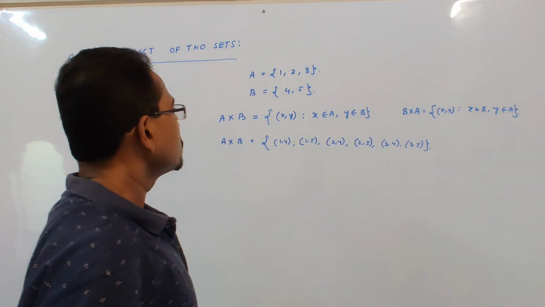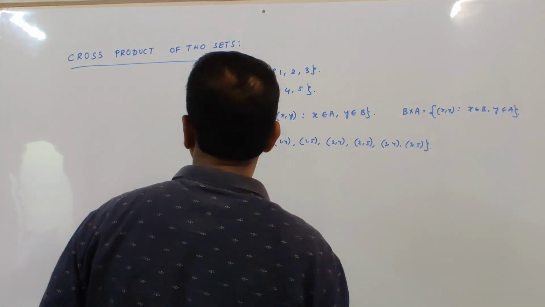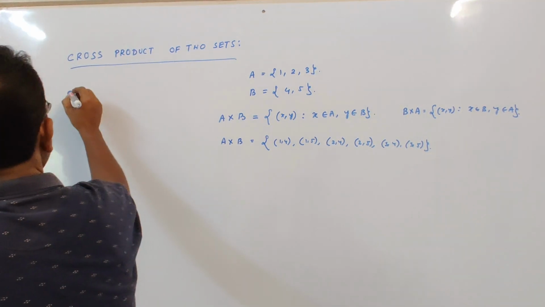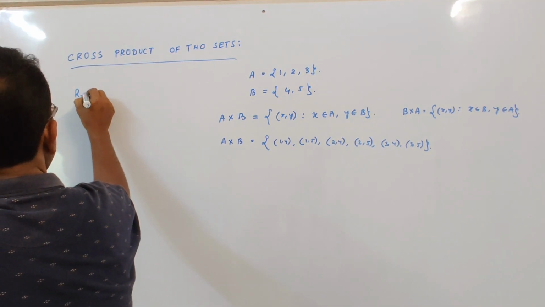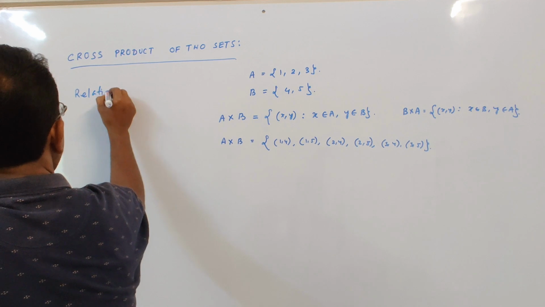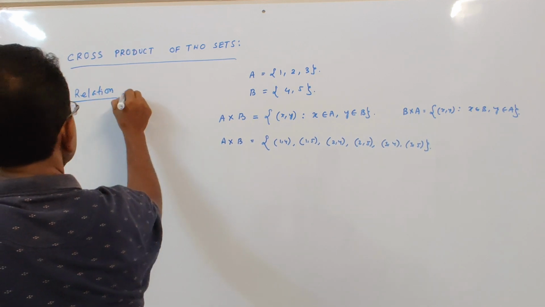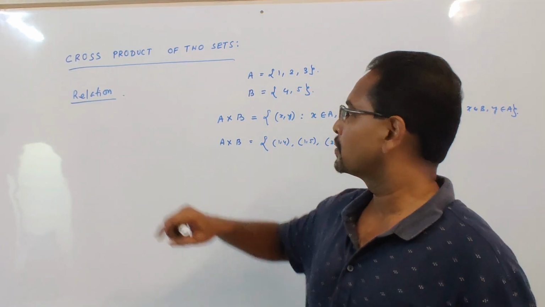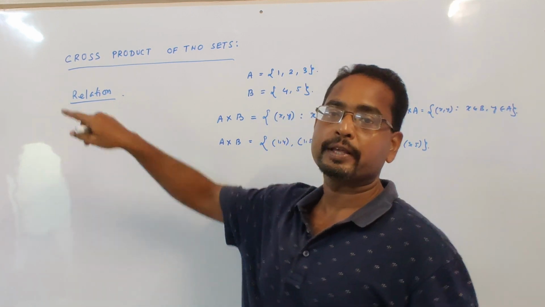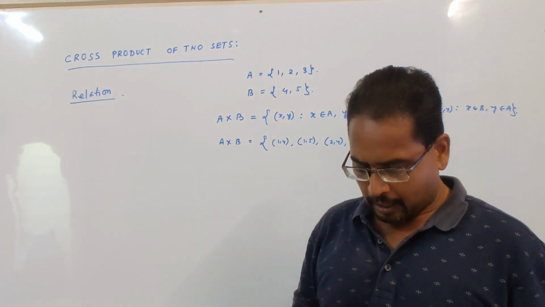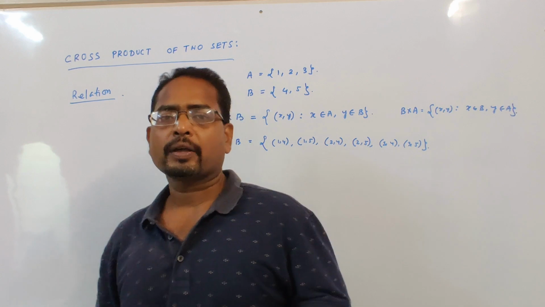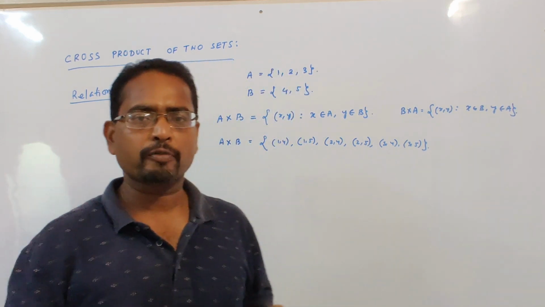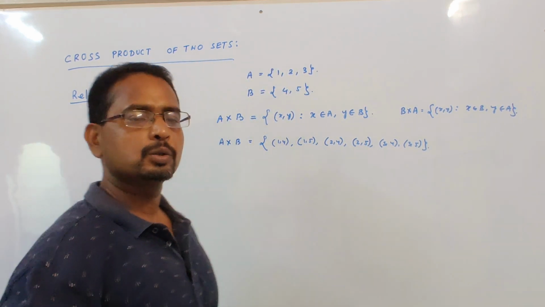So the next thing we are going to learn after the cross product of two sets is: what is a relation? Relations are nothing but subsets of the cross product of two sets.